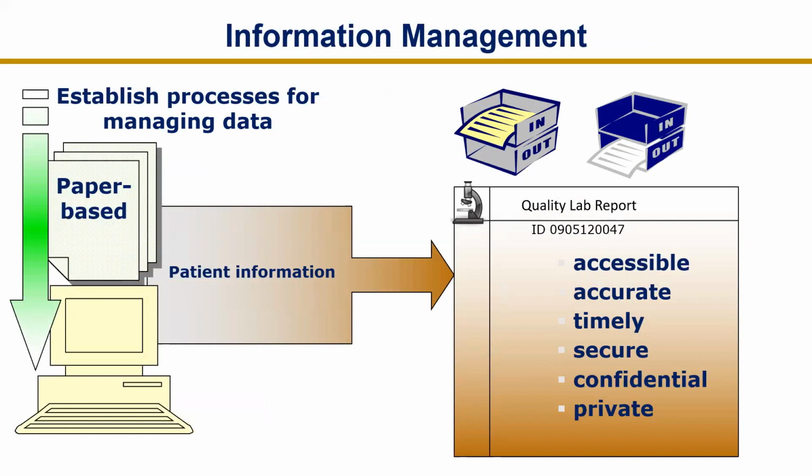The information system is all about taking control of the information that we generate in a way that it is accessible to those who need it, mainly our customers, the providers or the physicians, and to make sure it is presented accurately, in a very timely way, and in a way that is secure, confidential, and private. Therefore, these are the goals of an information management system, and we need to remember that.